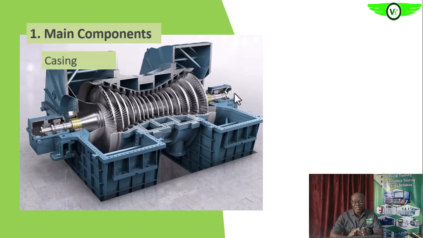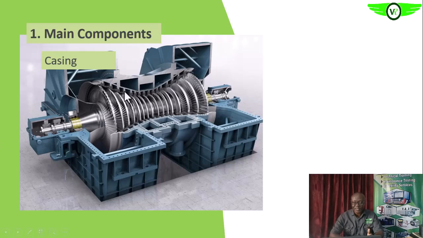The first we are going to be looking at is the stationary part, which is the casing, as you can see on the screen. This is the casing, which is the part covering this particular part that is rotating. Are we getting it? So the casing is the stationary part of the steam turbine.